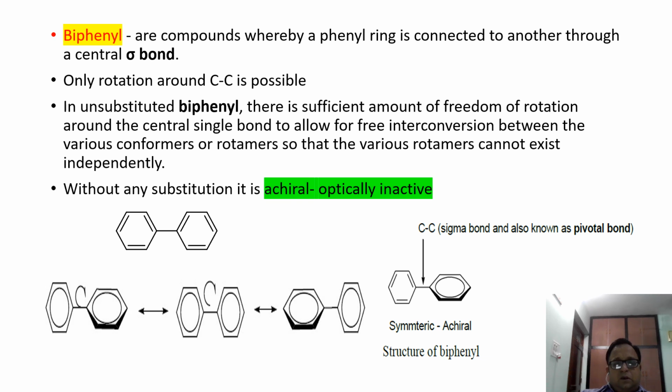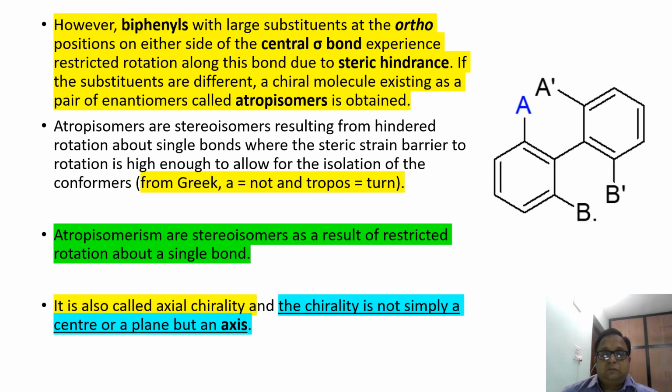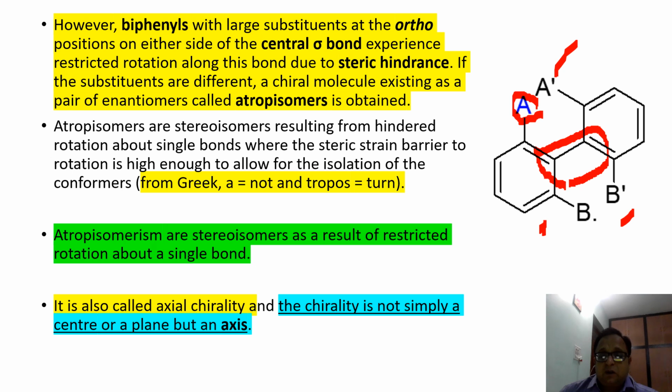Biphenyl compounds are... now see what is happening. Bulky groups like A prime, B prime are introduced around this carbon-carbon single bond at the ortho position of the biphenyl nucleus.